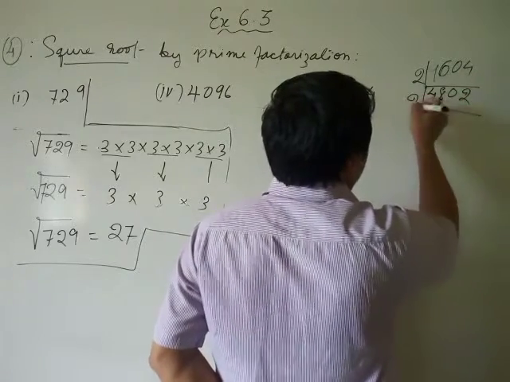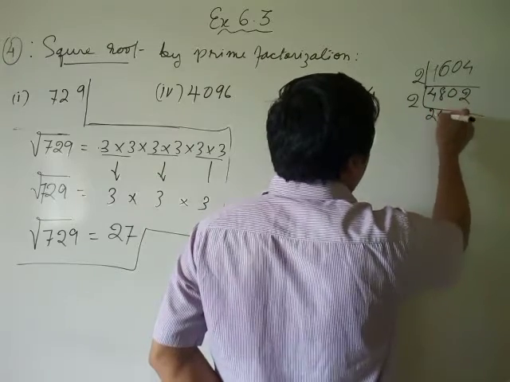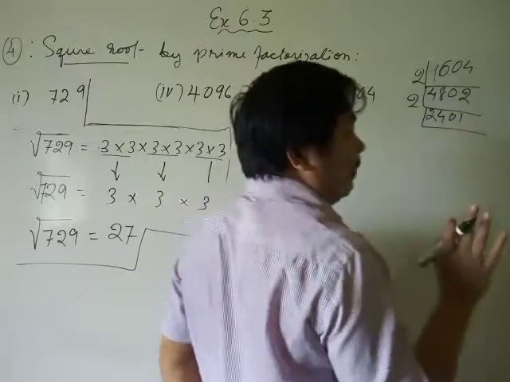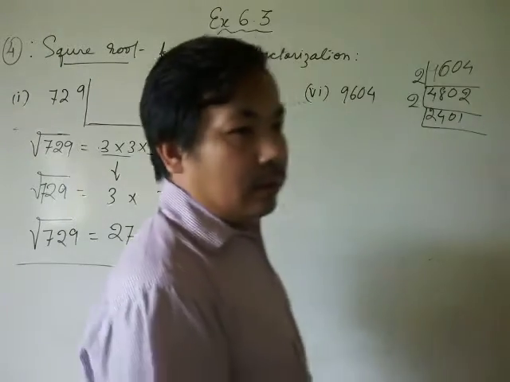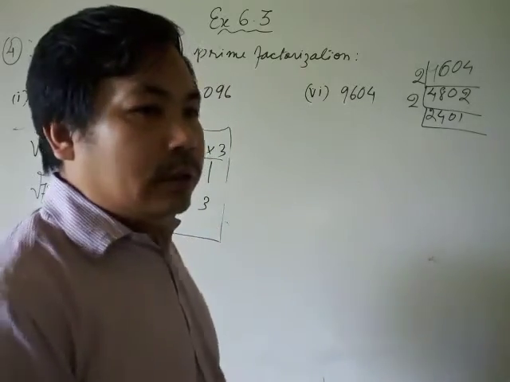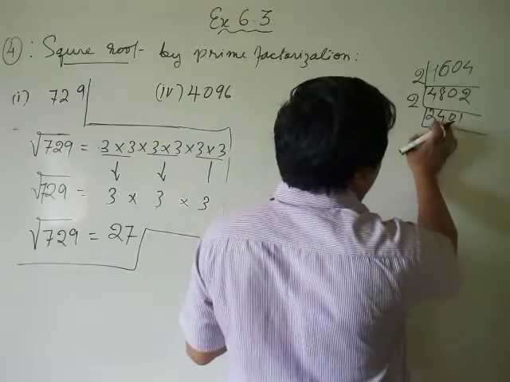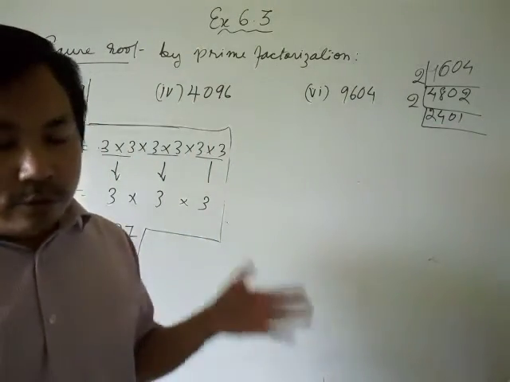Then here 2 ones are 2, 2 4s are 8, 0, 1. And here, let us see whether it can be divided by 3 or not. You can see 5, 6, 7. It cannot be divided by 3. 5 is also not possible.